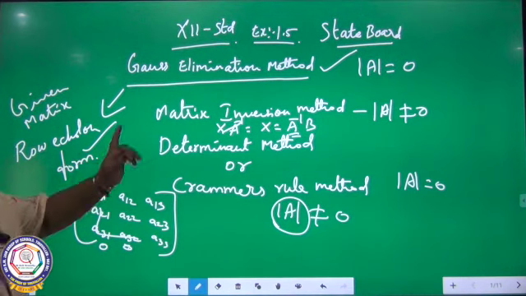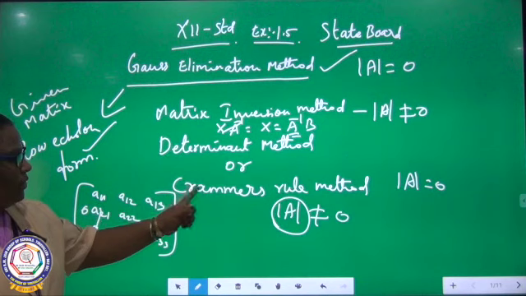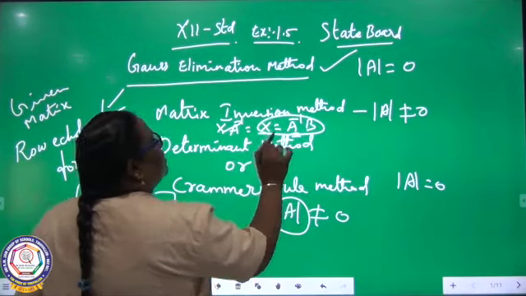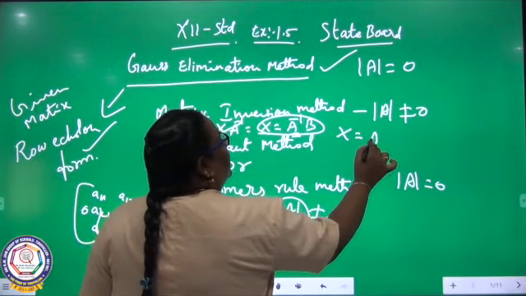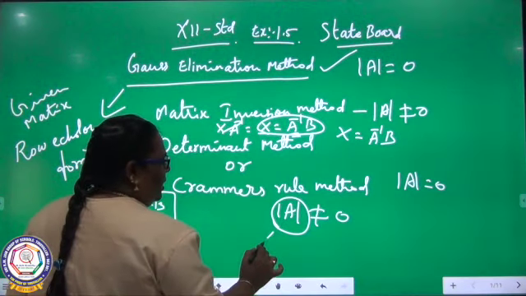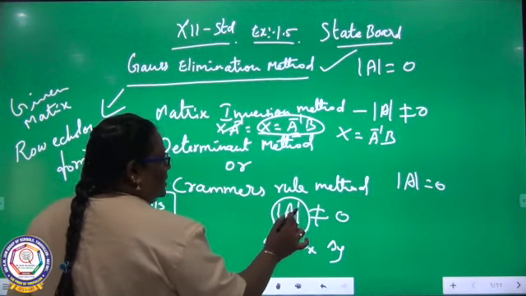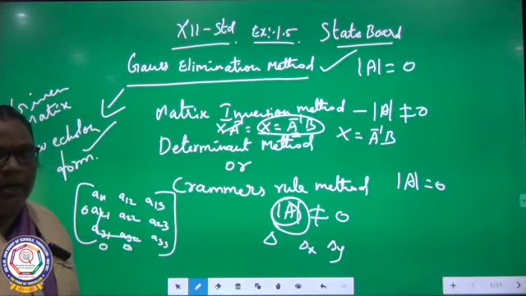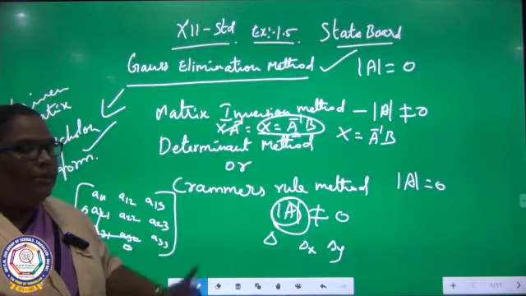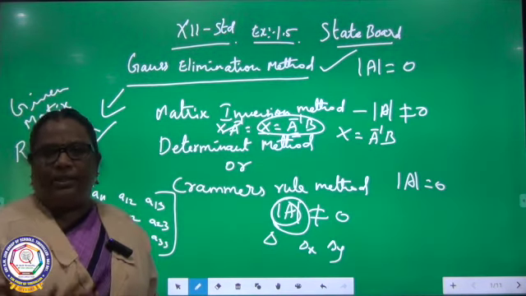Once again I repeat, we already saw the matrix inversion method and the determinant method. What is another name for the determinant method? Cramer's rule method. In the matrix inversion method, the formula is x equal to A inverse B. In Cramer's rule method also, delta x, delta y, and delta is nothing but determinant of A. In both methods, only a non-singular matrix lets us proceed.